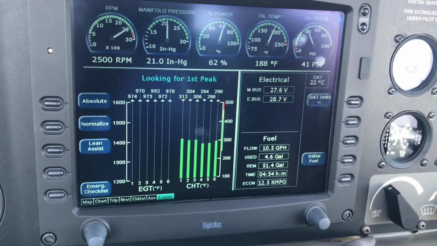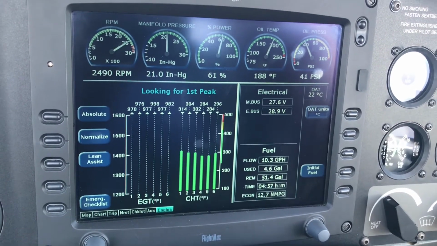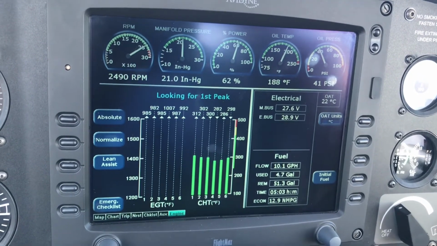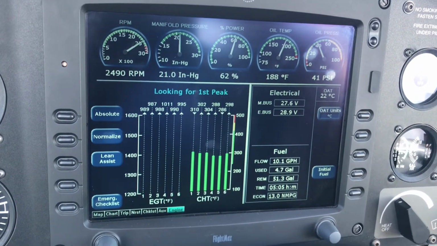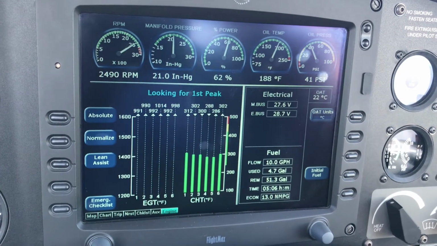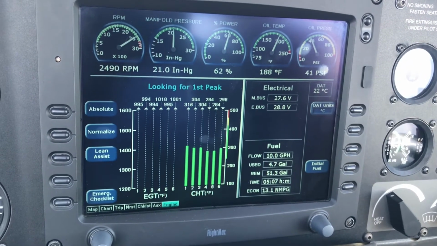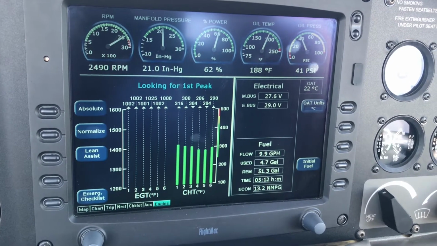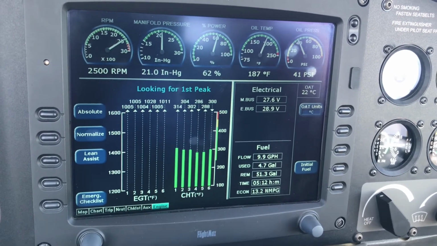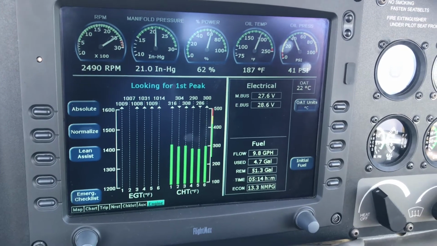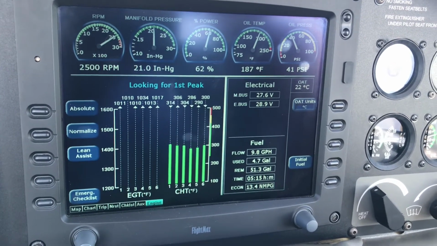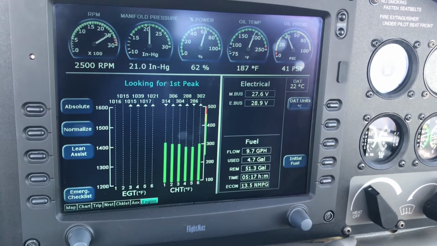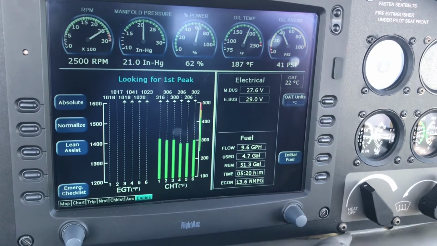See those numbers coming up? See that fuel flow going down? There's the EGT increasing. We are now at 1,000s. We'll continue to reduce the mixture and look for the first peak, the first EGT to peak.